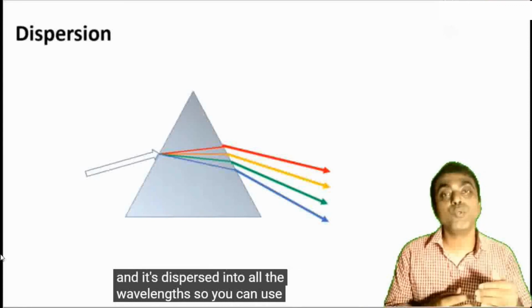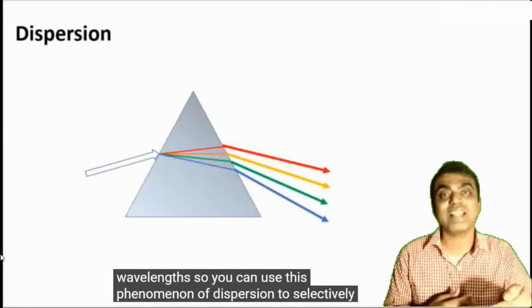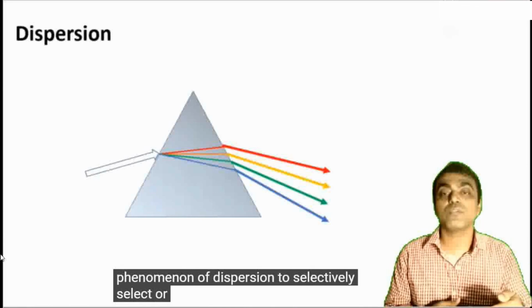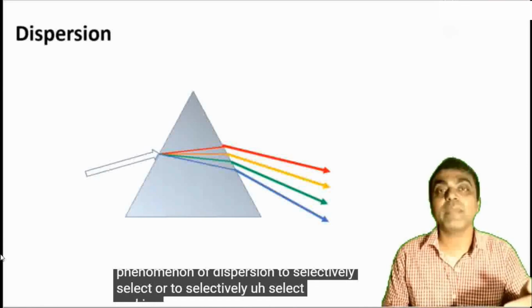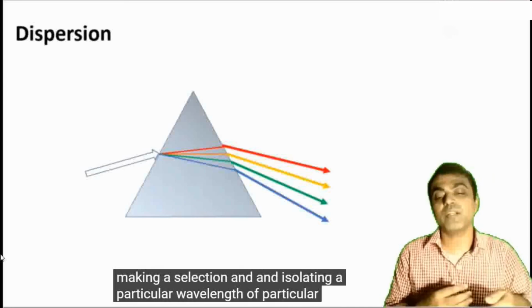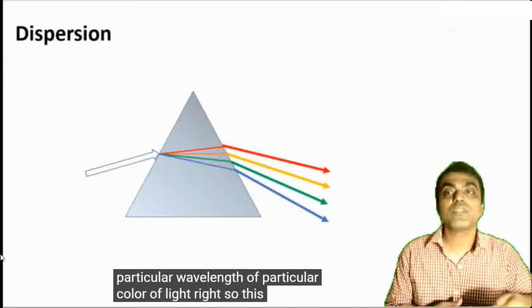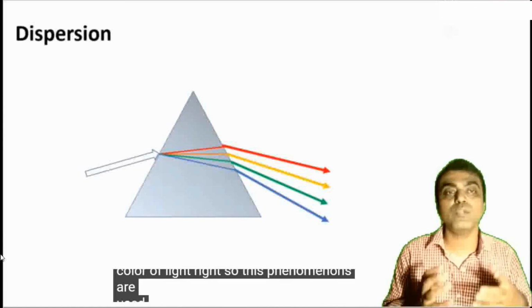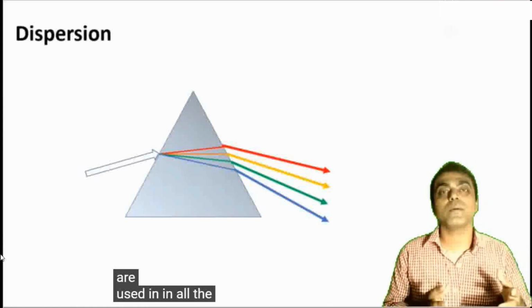So you can use this phenomenon of dispersion to selectively isolate a particular wavelength or particular color of light, right? So these phenomena are used in all the lenses.